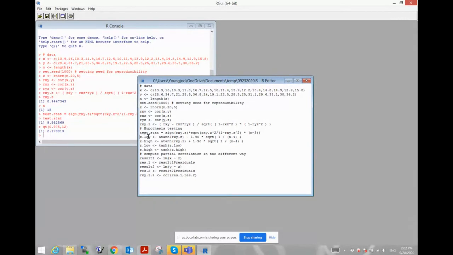And then we can calculate the confidence interval. First, we have to transform our r_xy.z to a quantity to which we can apply the normal approximation. So we apply the inverse hyperbolic tangent, as we did in the simple correlation.